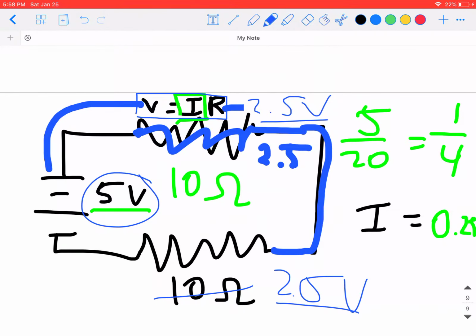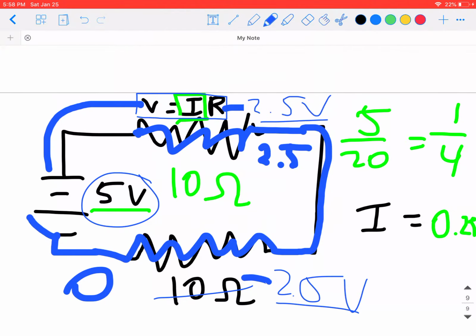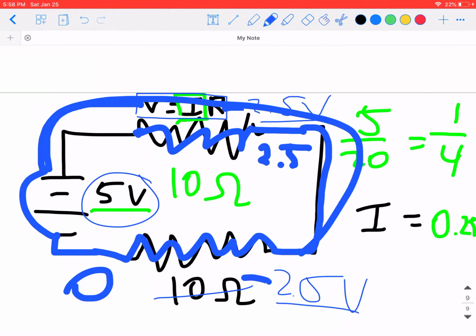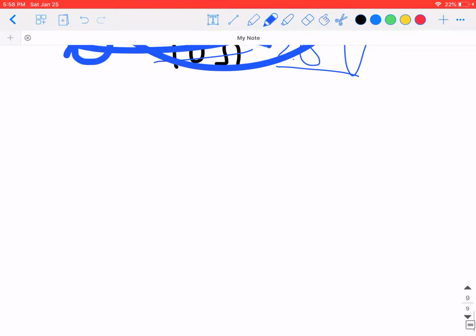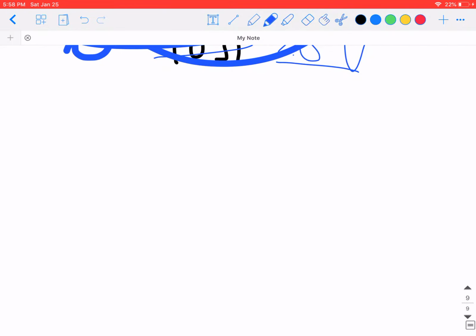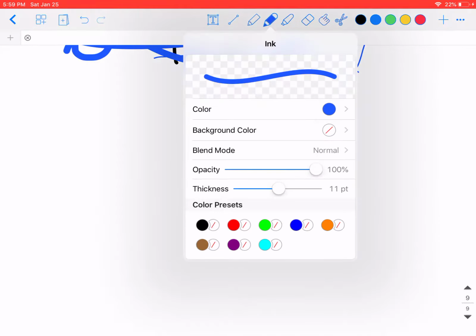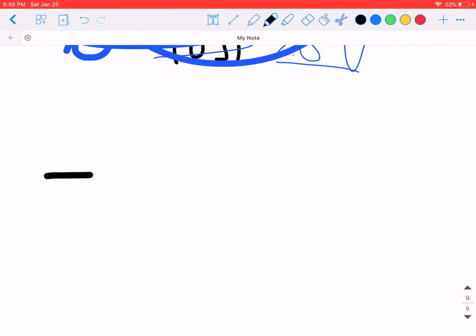And the moment it flows through this, you have another minus 2.5. And then you get left with 0. Then it goes back, touches the battery, and it just restarts all over again. And that is how circuitry works. So I guess you could think of it as a conservation of charge, which is also a conservation of energy in a way. And that's how you would solve all circuit problems.